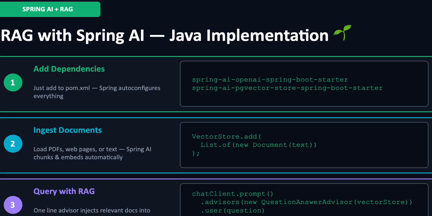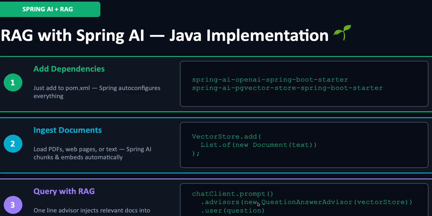Now the step 3, query with RAG. And this is the beautiful part. You just add one line to your existing Spring AI code, a question answer advisor, and that advisor automatically retrieves relevant document chunks and injects them into every prompt.